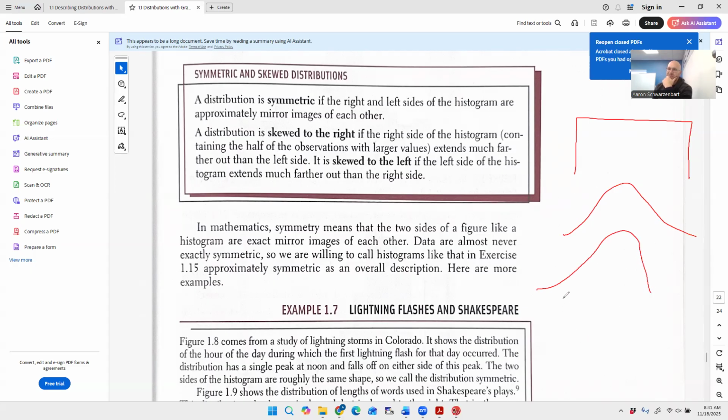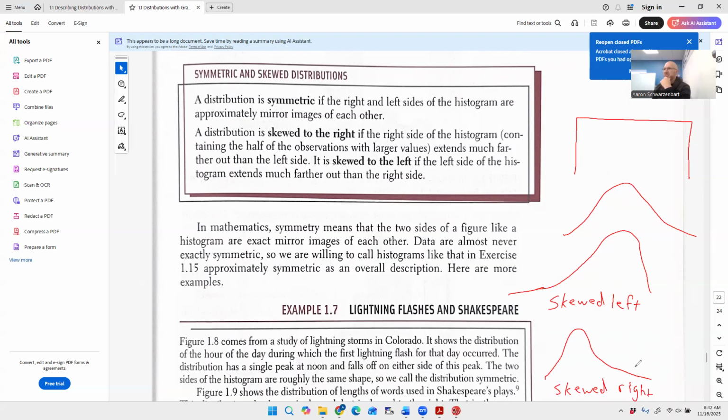This is skewed. Anybody know which way it's skewed? Left. Tails on the left. It's about the direction of the tail. That's not intuitive.